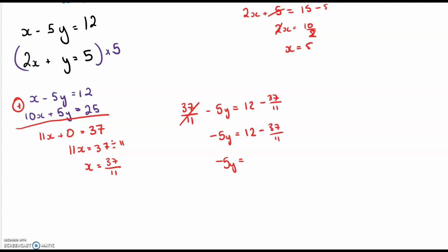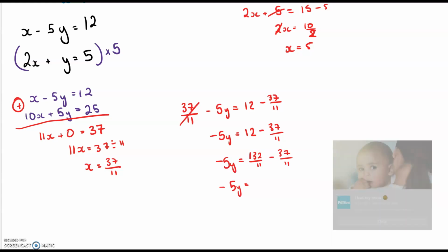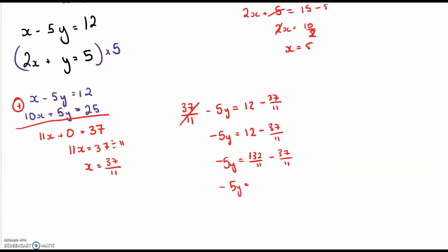Now, I'm going to change this into a fraction over 11. So 11 times 12, 132 over 11. Minus 37 over 11. Okay, negative 5y equals 132 minus 37. Well, I know 132 minus 32, that would be 100.